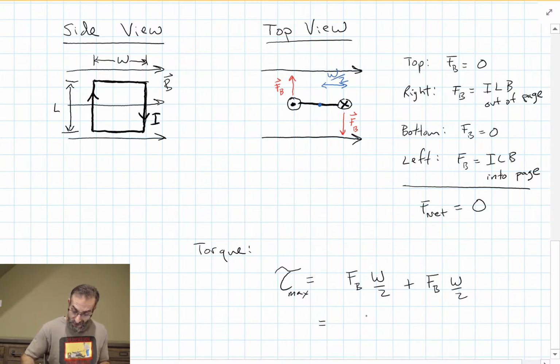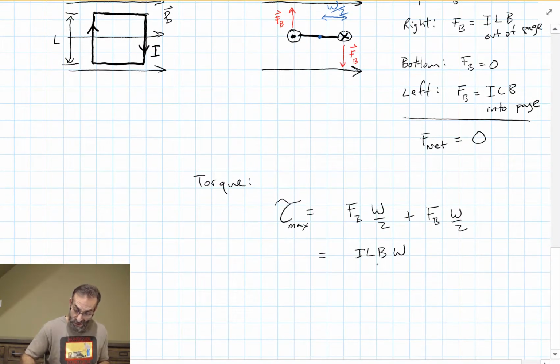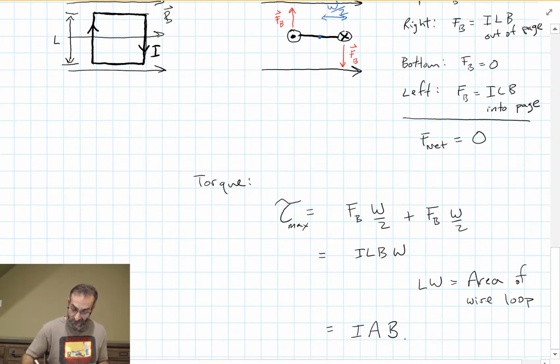We add those up and we get I L B, that's the force, times W. You'll notice we have an L times W. L times W is just the area of our loop of wire. So the torque is the current times the area of the loop of wire times the magnetic field strength.